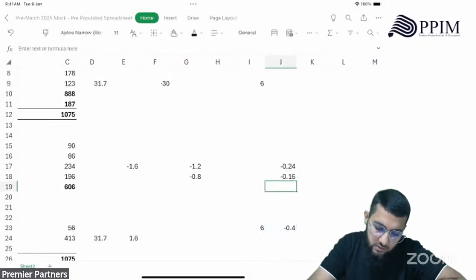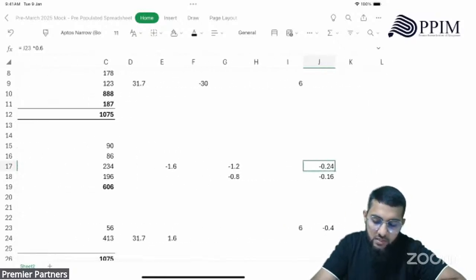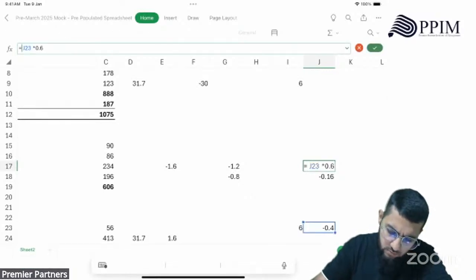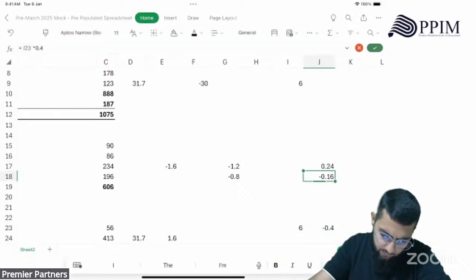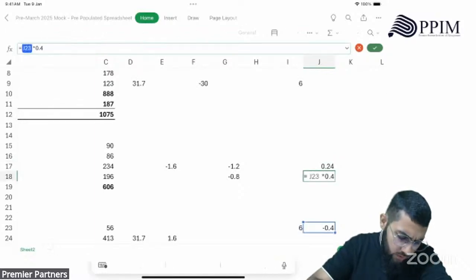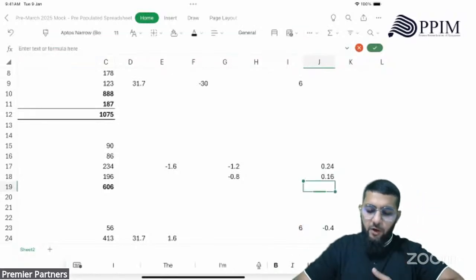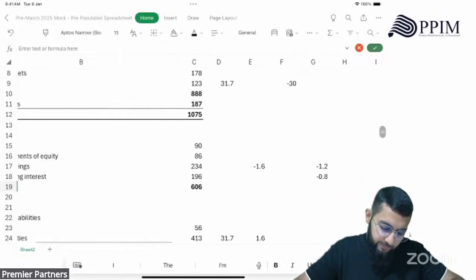So when the tax reduces, profit increases, right? That's a positive figure. Why? Because when the tax reduces, that means my profit increases. So I have a profit increase of 0.4, the net profit.